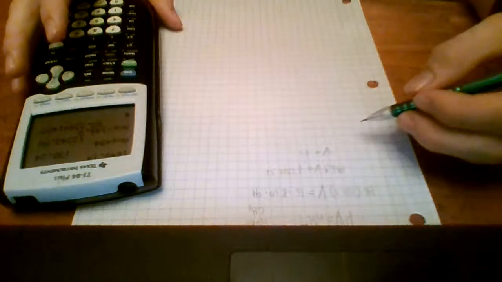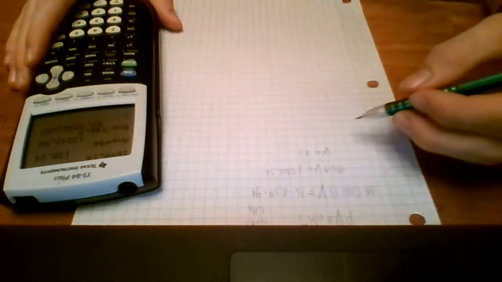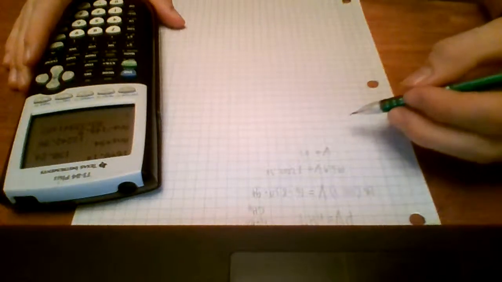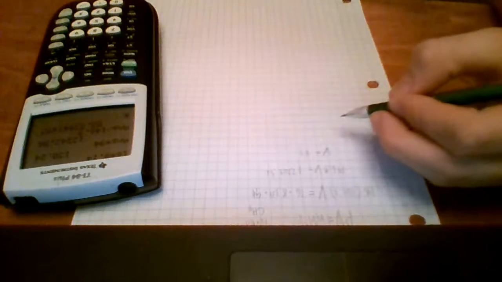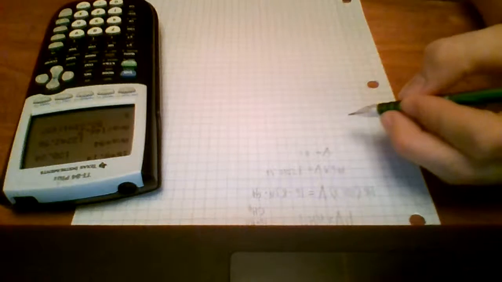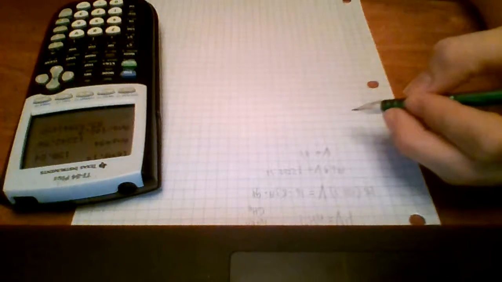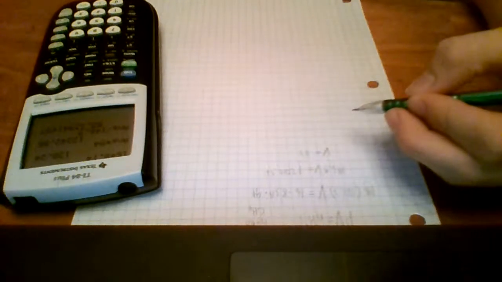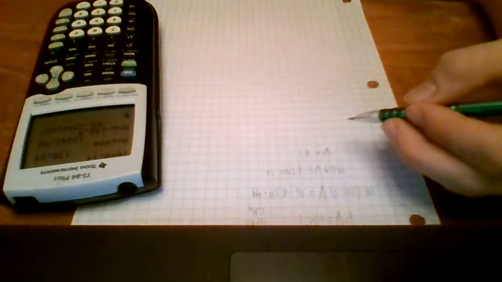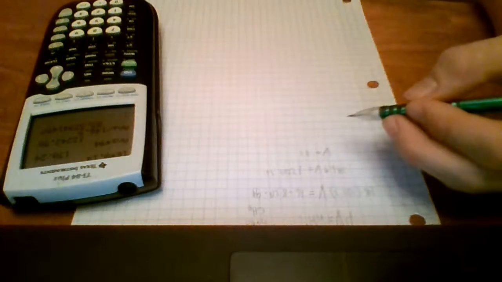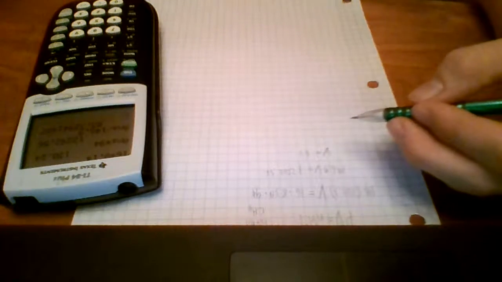For part 2, we are asked to use the specific heat formula. So we know that the dry ice will first go into a gaseous form and then heat up until it is 0 degrees Celsius.